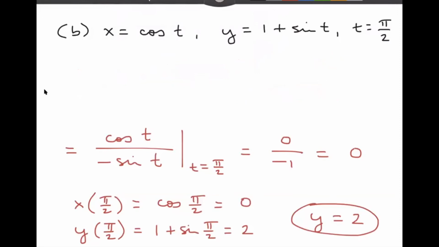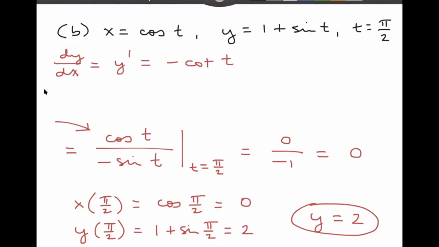Okay, so right here is our dy dx. So dy dx, also known as y prime, is cosine t over negative sine t, also known as negative cotangent t. All right, so we need the second derivative.